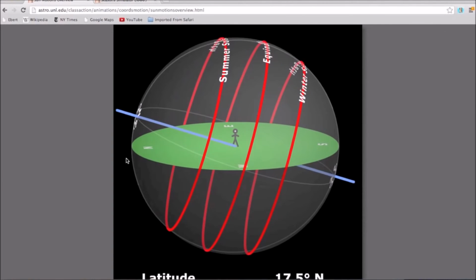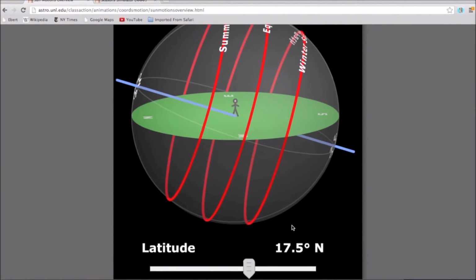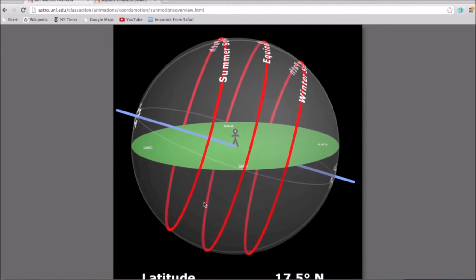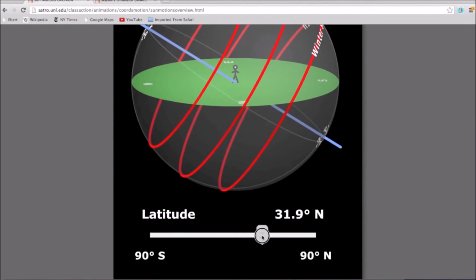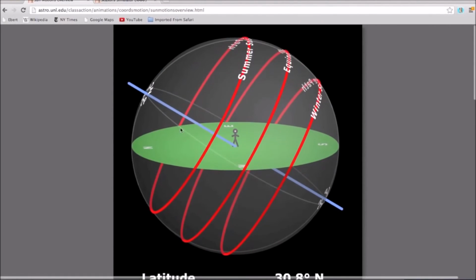So for a person, say at 17 degrees north, you may have to wait for a particular day of the year that's sometime between the equinox and the summer solstice for the sun to have a path that takes it to the zenith. But if you are north of 23 degrees, let's say 30 degrees north, then no path will get to zenith, although the summer solstice path will get very close to it. Okay, so that's what it's like for people on different locations on the Earth and what the path of the sun is like.